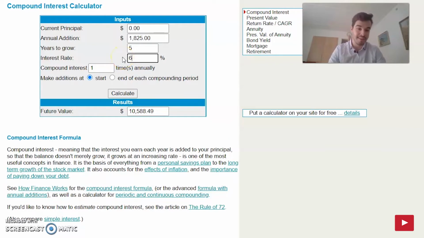Sometimes it could be 12%, sometimes it could be minus, so the average is 6, and we compound it at the start of each period. Then you press calculate and you have around $11,000 saved for 5 years.